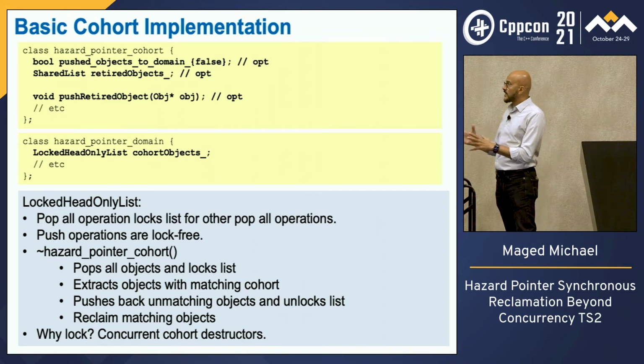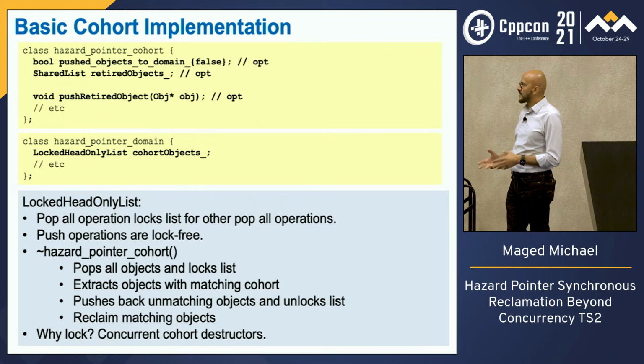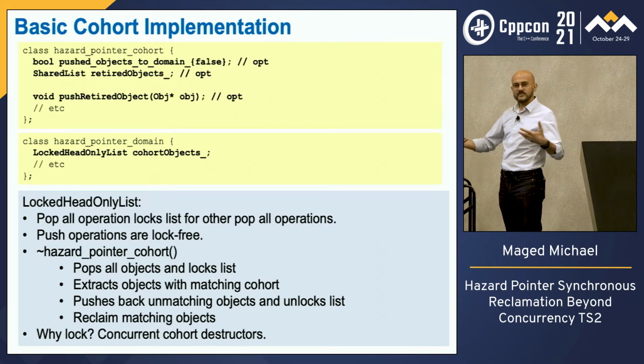But then in the domain, we need to have a list or a set of objects that belong to cohorts, and that list needs to be lockable. Why do we need that? Because we might have multiple cohort destructions happening concurrently, and we don't know which objects belong to which cohort.